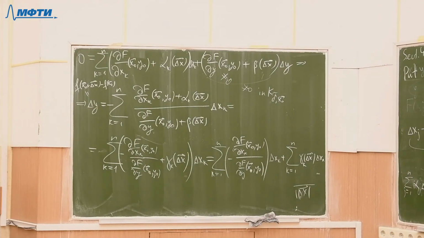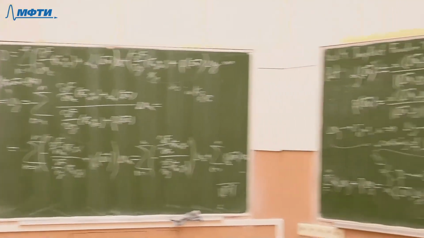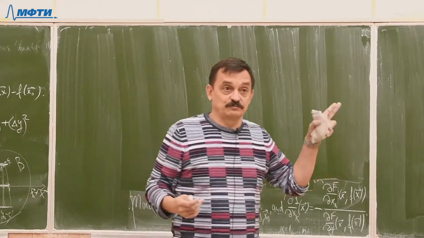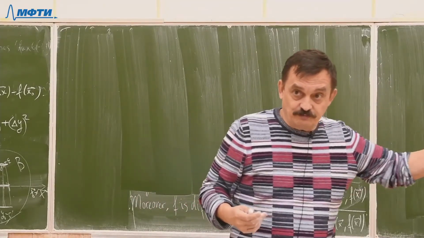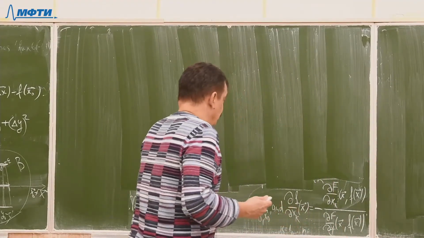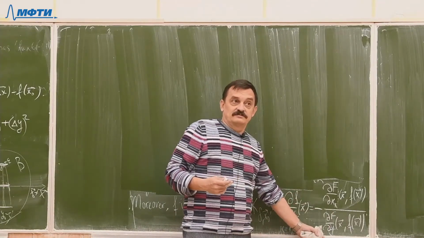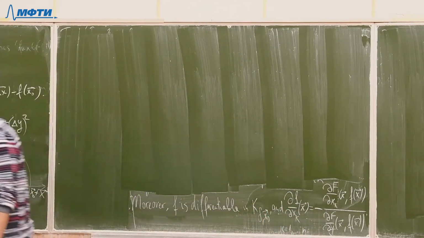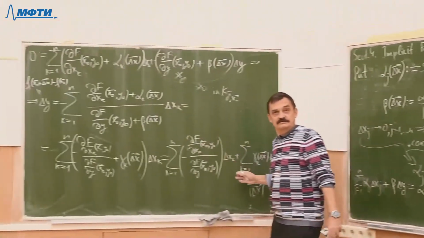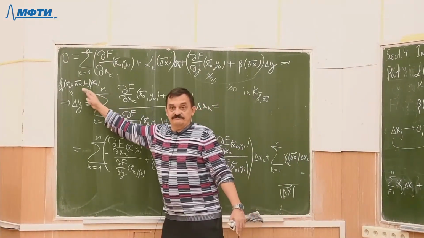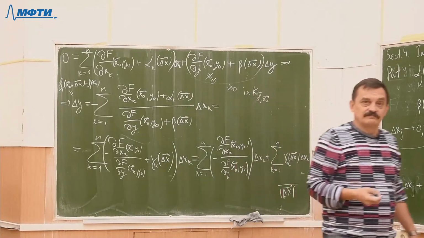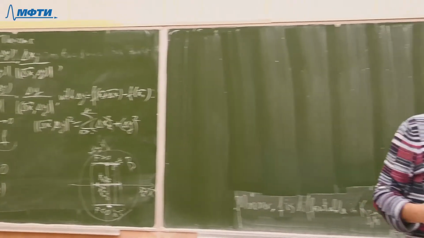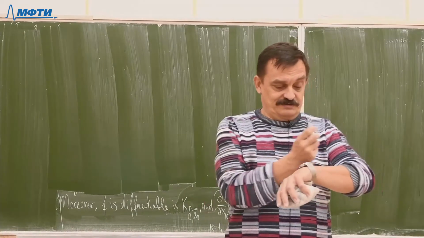Differentiability is proved at x naught, right? And as I said, it's sufficient for us to prove just differentiability at the point x naught. And also partial derivatives are computed, because the coefficients of delta xk are partial derivatives of the function f. So the proof is completed.